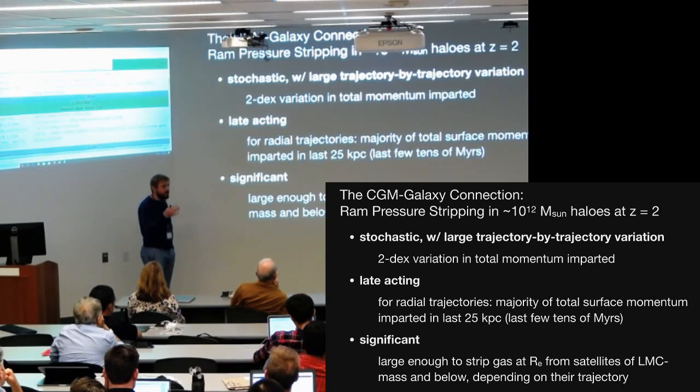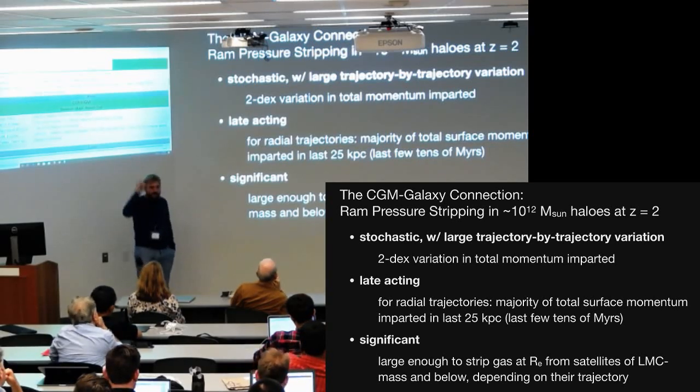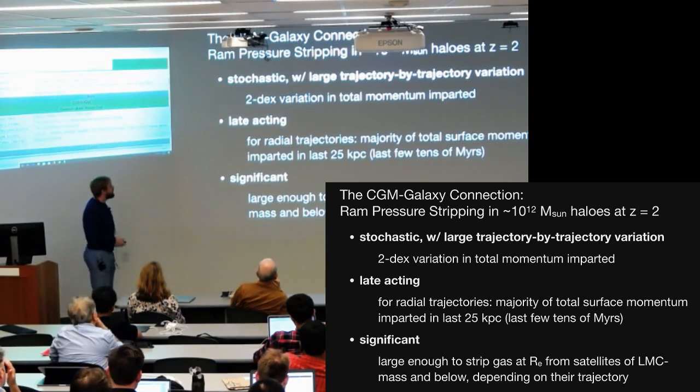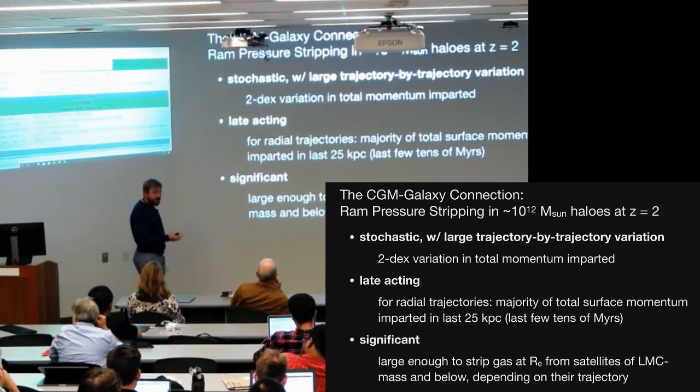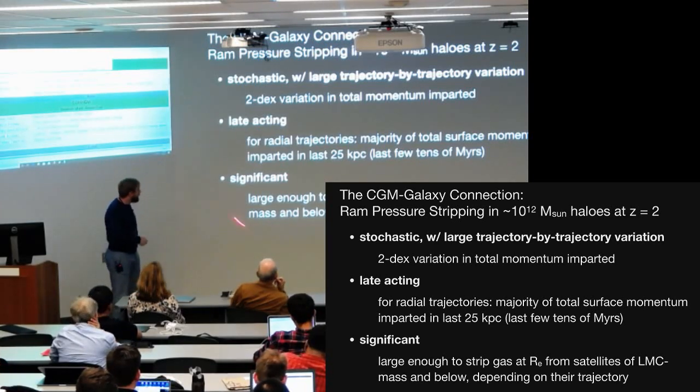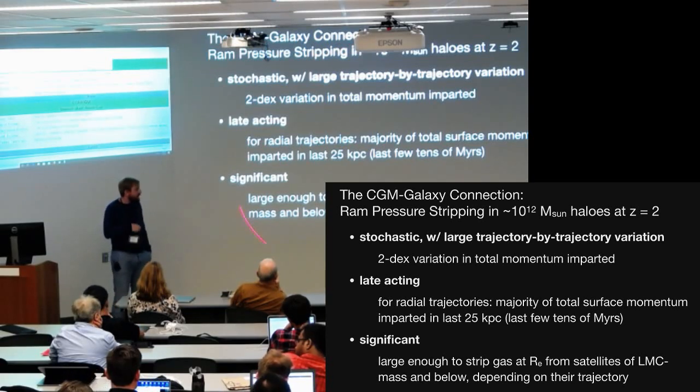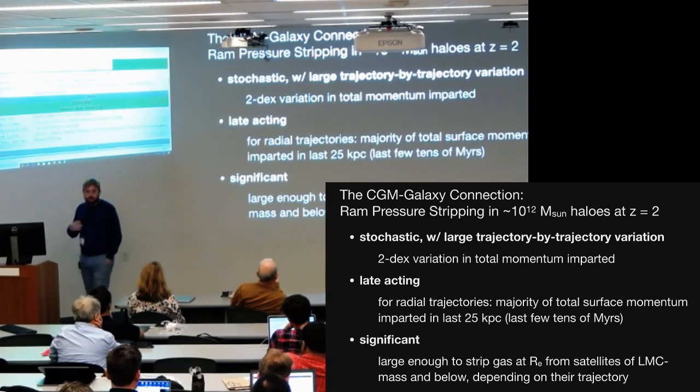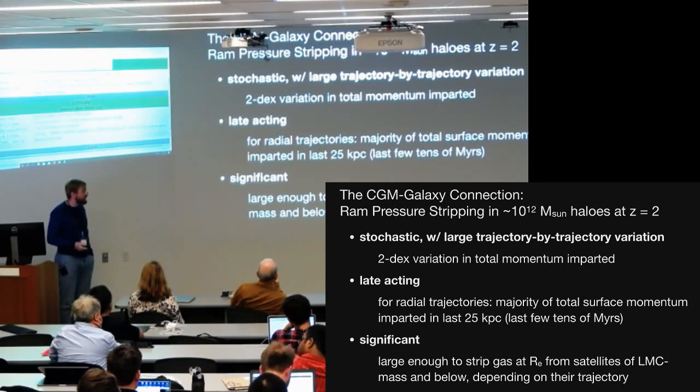This is the most simplistic orbit of a satellite that you could think of, just something free-falling, not having any second or third passage. But anyway, the majority of the total surface momentum is imparted in those last 25 kpc, and it's significant. Comparing with the toy models, in that last 25 kpc, the amount of momentum imparted can remove the ISM from reasonably massive satellite galaxies. Thank you very much. I appreciate your time.